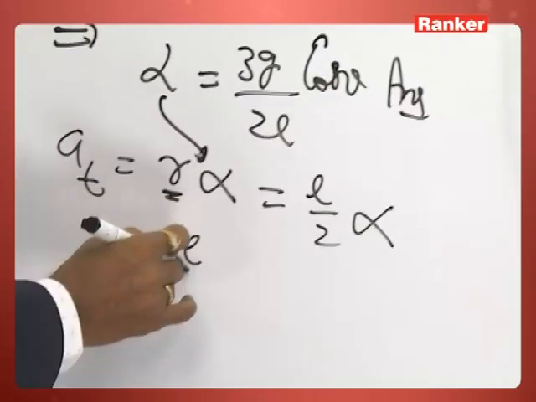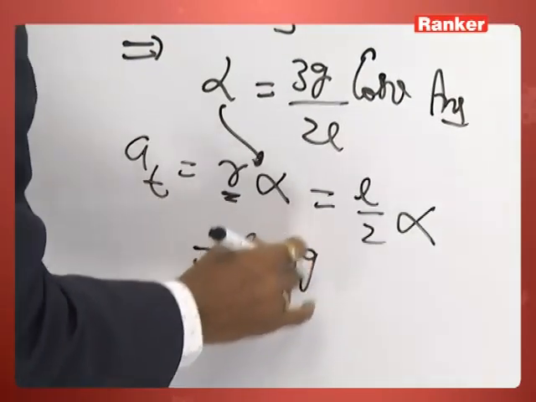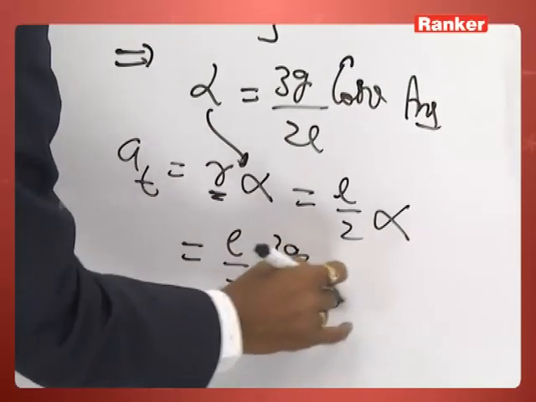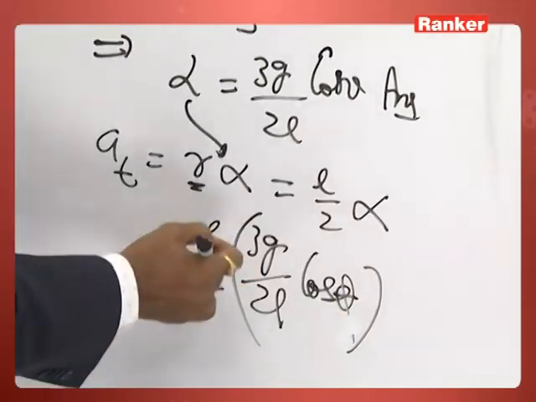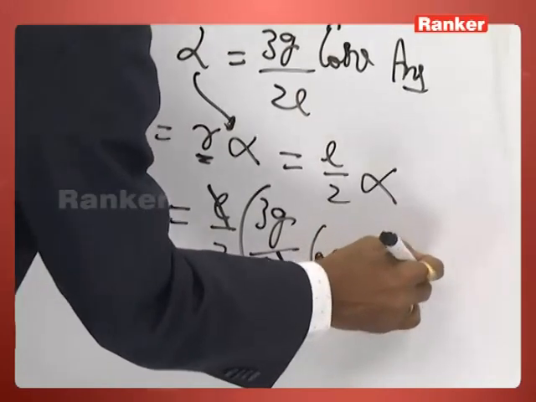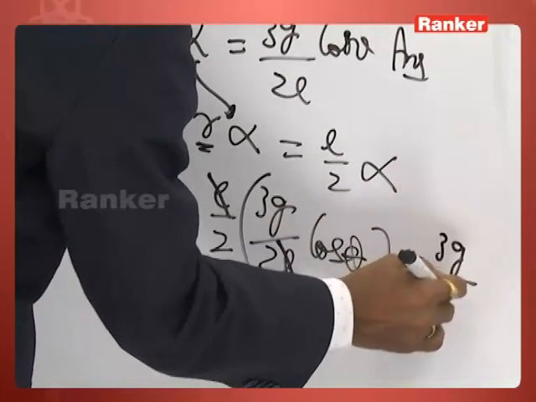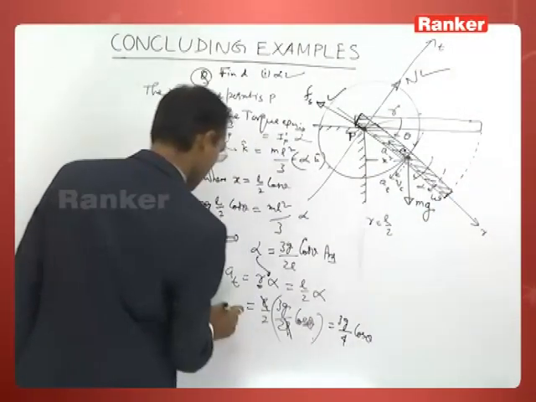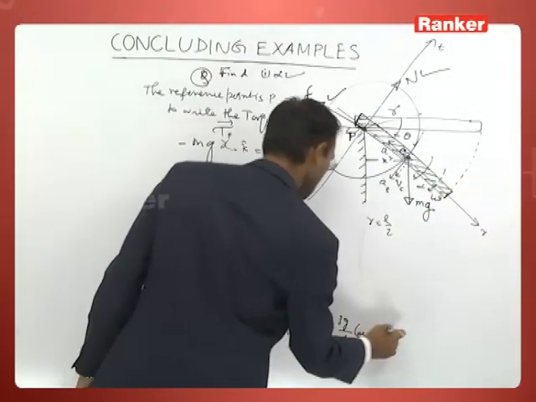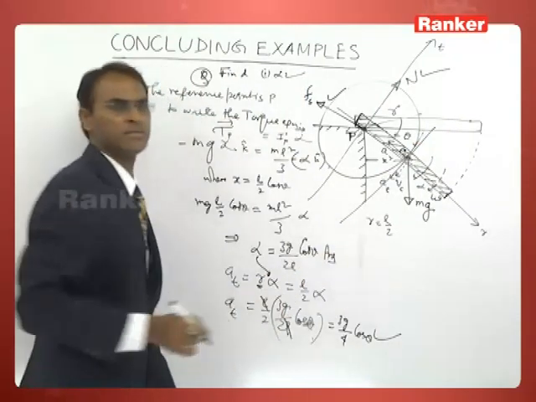Substituting alpha, you are getting L by 2 into 3g by 2L cos theta. So L getting cancelled, you are getting 3g by 4 cos theta is the acceleration of the center of mass in tangential direction.